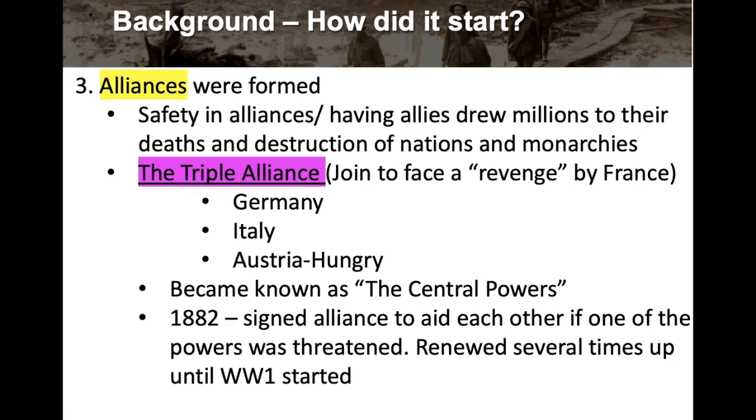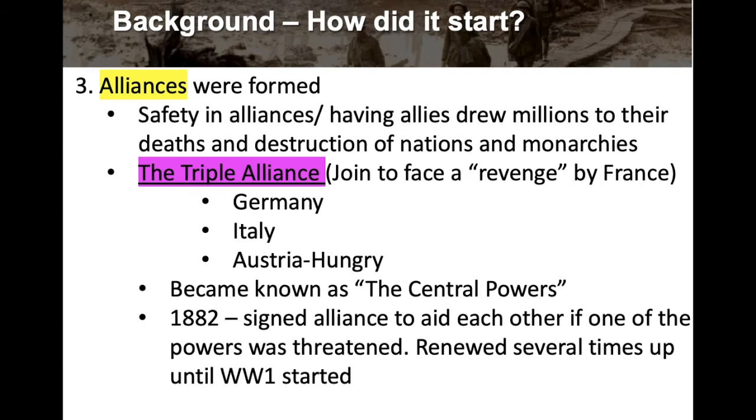So these three countries or empires join the Triple Alliance to face France in case France wants to take revenge. Well, France is a very old country, much like England is an old country, and you're going to see that alliance coming up in a little bit. So the Triple Alliance becomes known as the Central Powers because they are in Central Europe.